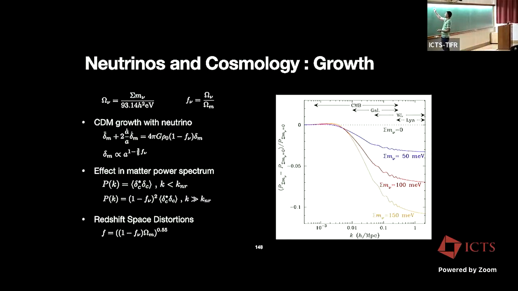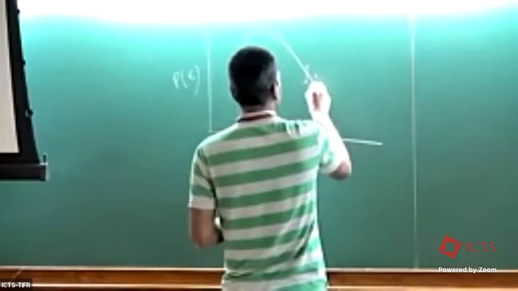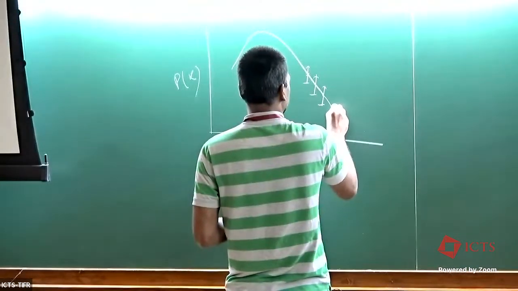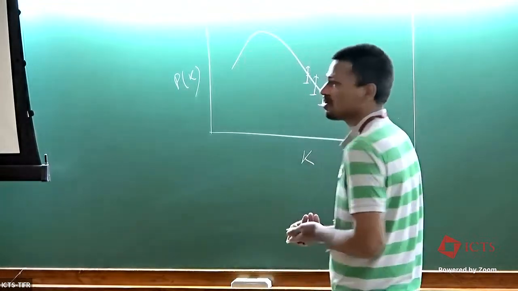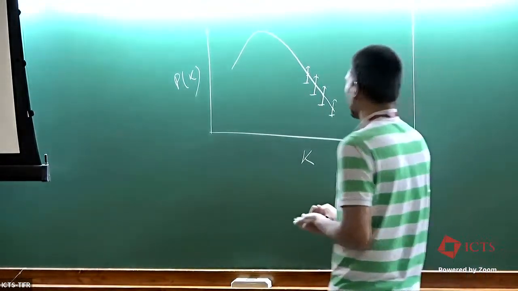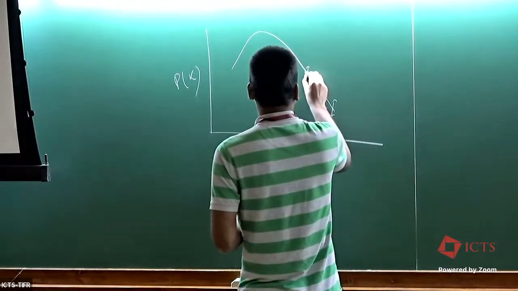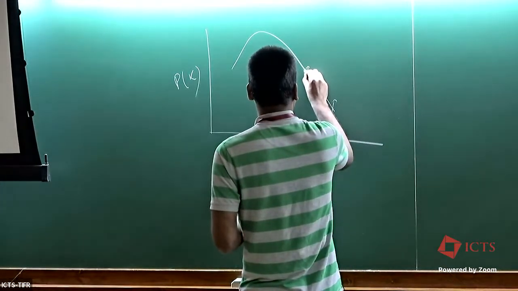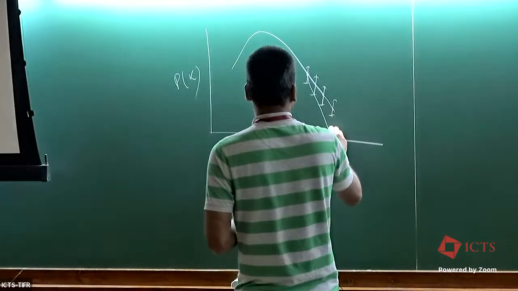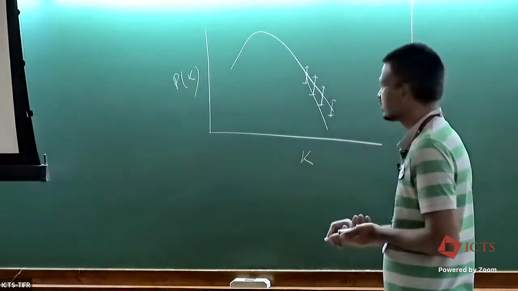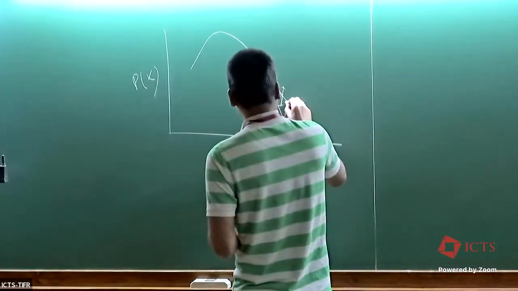So if you have, let's say, a power spectrum like this, P of k, this will always come with some error bar. And now you are saying that in the presence of neutrino, depending on how much the neutrino mass is, it's going to get suppressed, so it's going to look something like that.